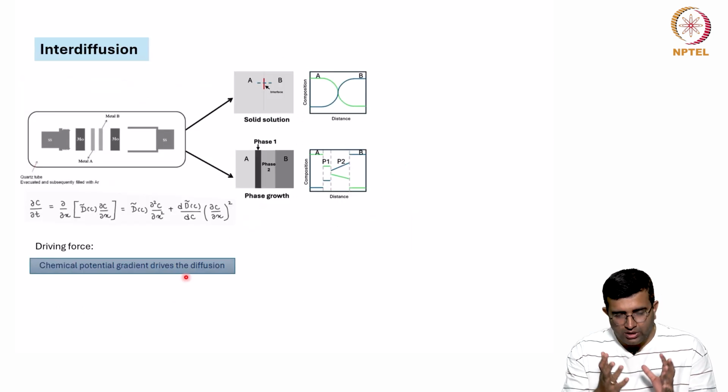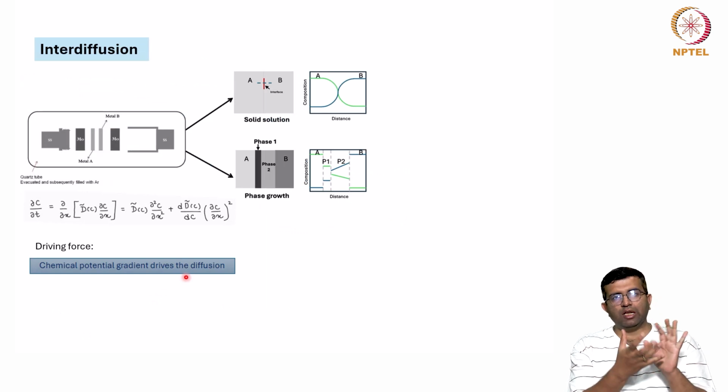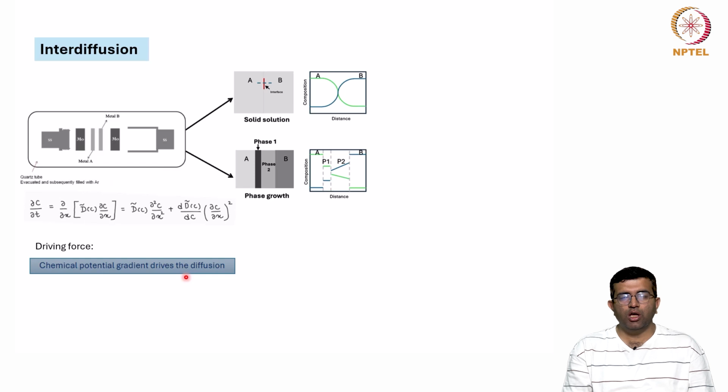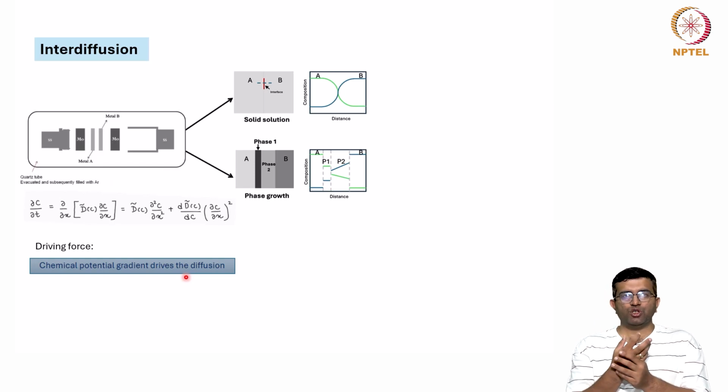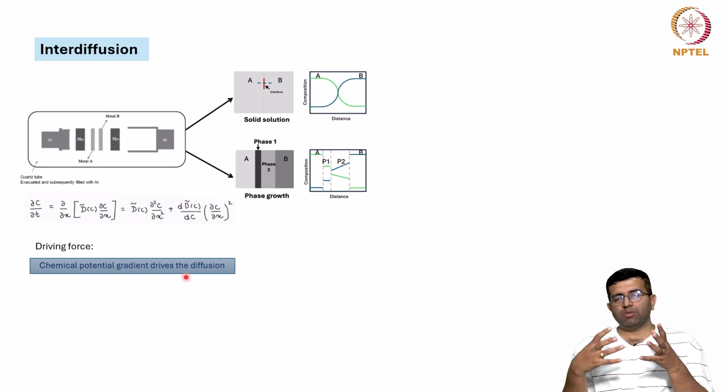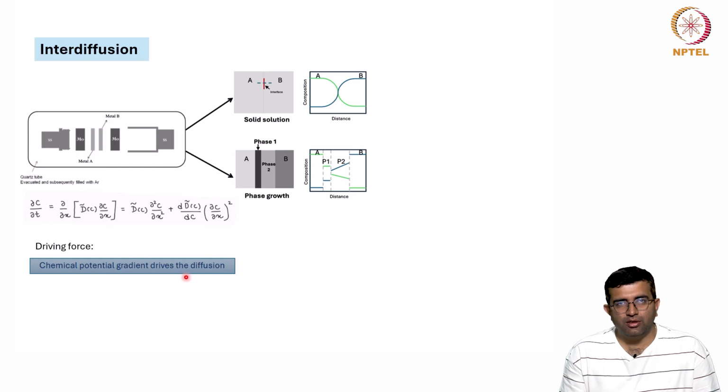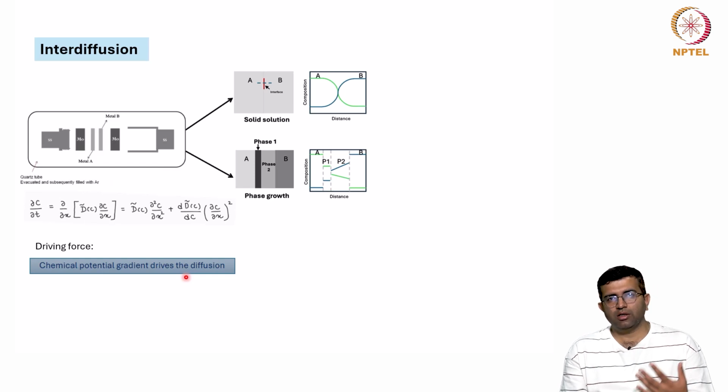So, after dealing with the atomic mechanisms, we came to interdiffusion, where two dissimilar metals or alloys come together in contact, and an interdiffusion zone is developed when this assembly is heated at any fixed temperature.